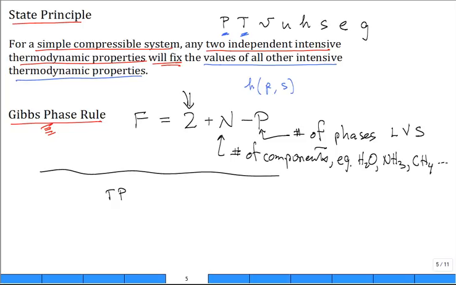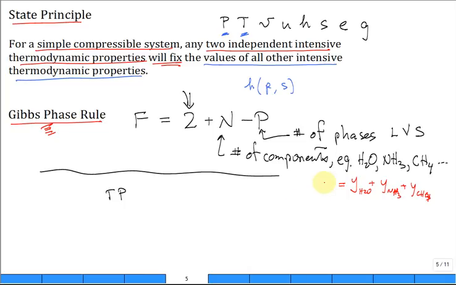If you think about the multi-components, you describe them by mole fractions. So you would have the mole fraction of H2O, the mole fraction of NH3, the mole fraction of CH4. Let's say if I only had those 3 components in there, if I sum those all up, what does that have to equal? 1.